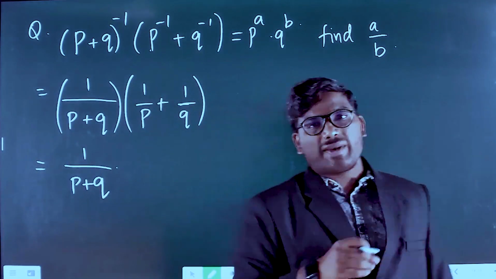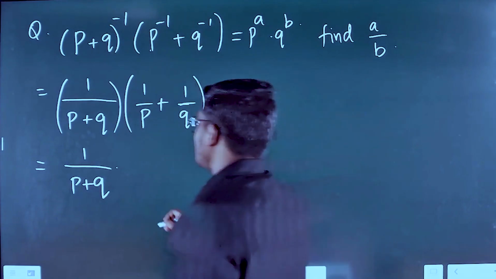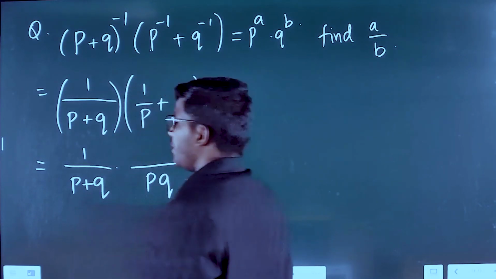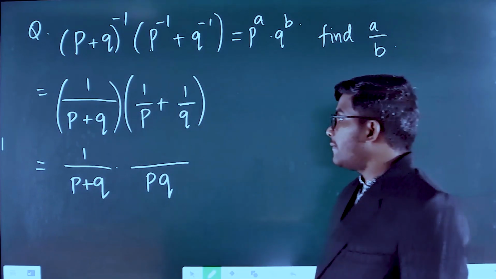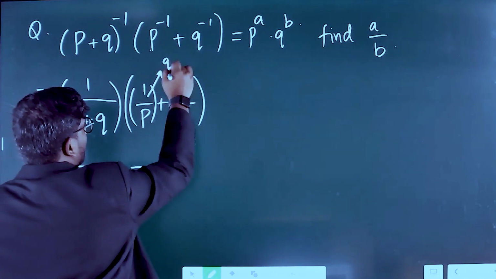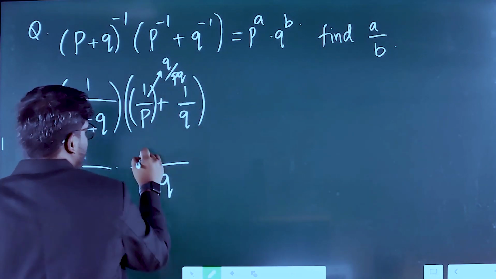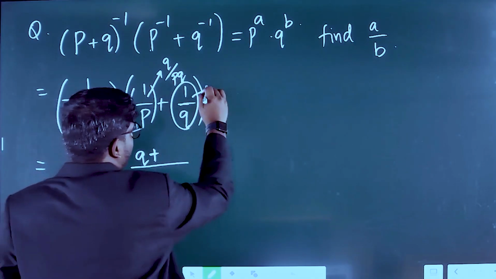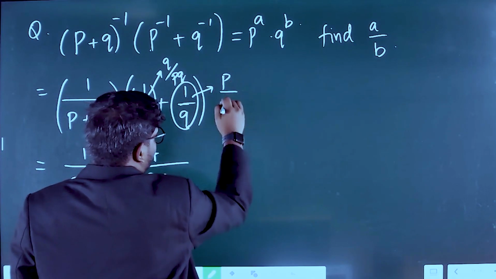1 by P and 1 by Q are different terms. So to make them common, let's take the common denominator as PQ. So 1 by P will become Q by PQ, plus 1 by Q will become P by PQ.